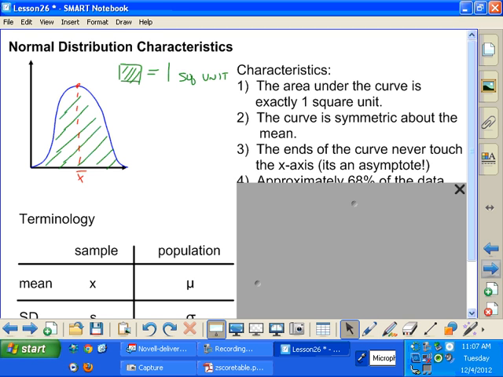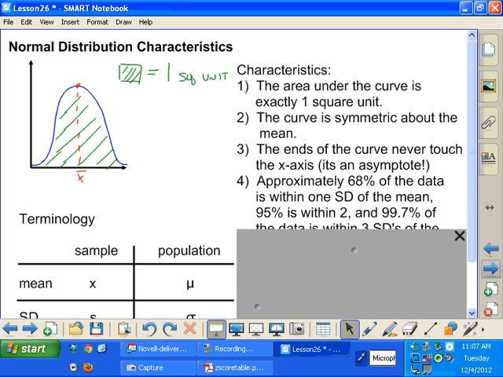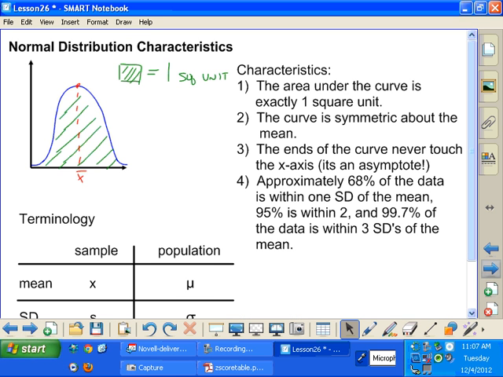The third one, the ends of the curve never touch the x-axis. So here I am drawing them touching, but in reality, they never really touch. So they get very, very, very close, but they never actually touch. Okay? They're asymptotic. Now, here's where standard deviation comes in from the previous unit. Approximately 68% of the data is within 1 standard deviation.